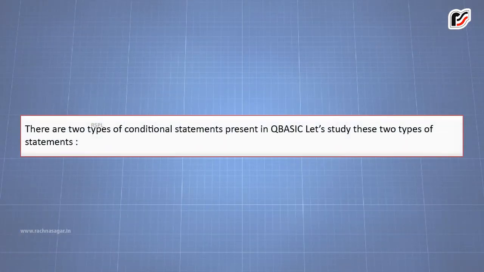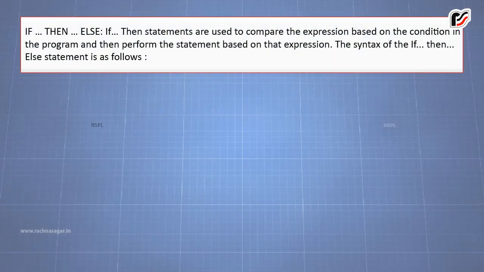There are two types of conditional statements present in QBASIC. Let's study these two types of statements. If, then, else. If, then statements are used to compare the expression based on the condition in the program and then perform the statement based on the expression.